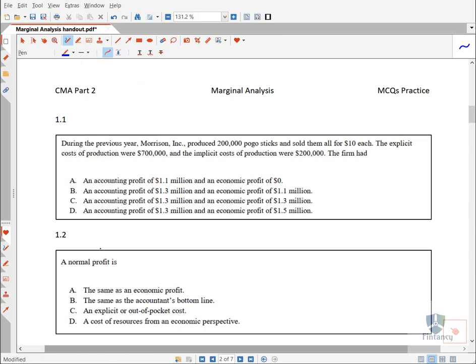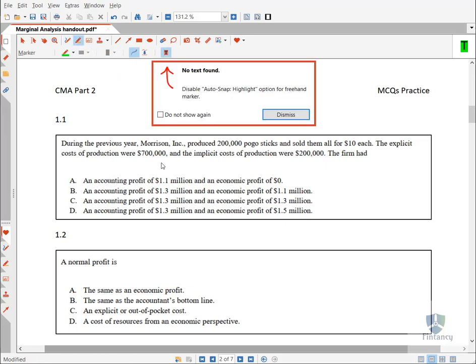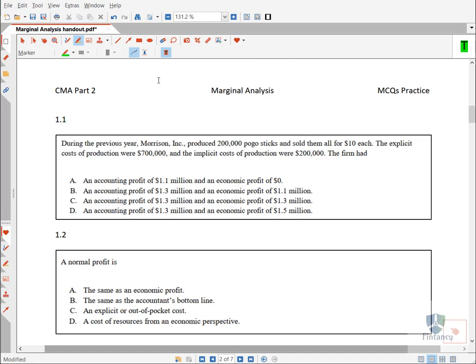Can you quickly calculate and tell me how much is the accounting profit and how much is the economic profit? That is in all the options, so you need to actually calculate them. Please write your answers in the chat box so we can discuss.